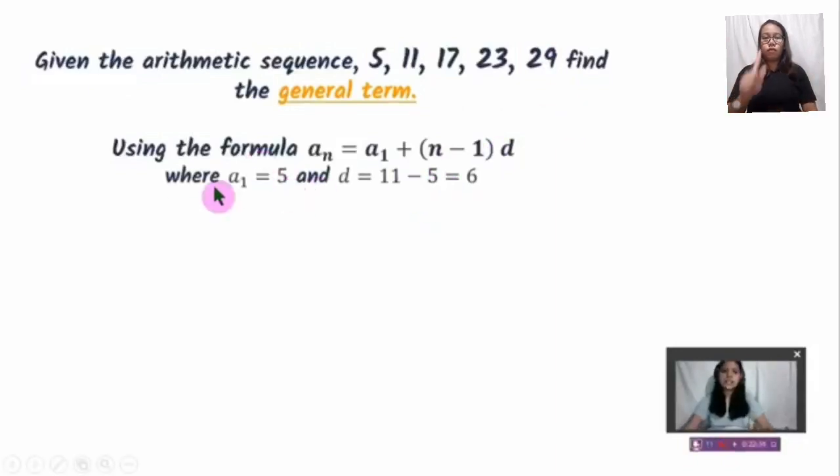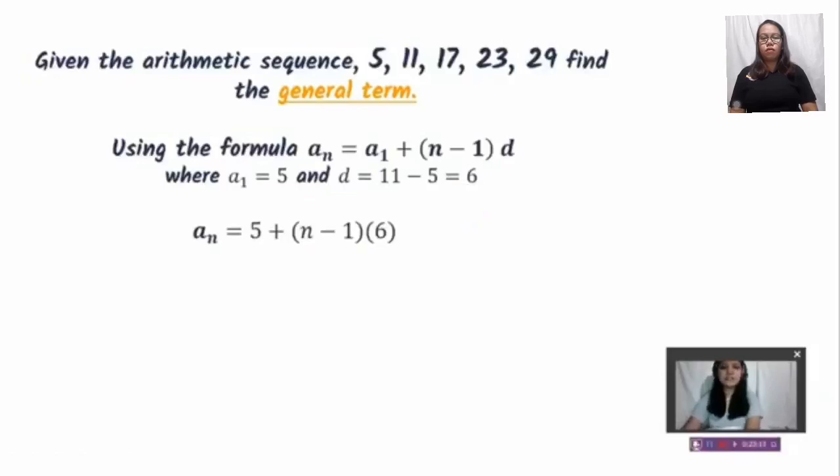Let us get the given from the arithmetic sequence. Our a sub 1 would be 5 since 5 is the first term. While d, we can get it by subtracting the consecutive terms. You can choose any two consecutive terms in the given sequence. Let us choose 11 and 5. 11 minus 5 is 6. So our common difference is 6.